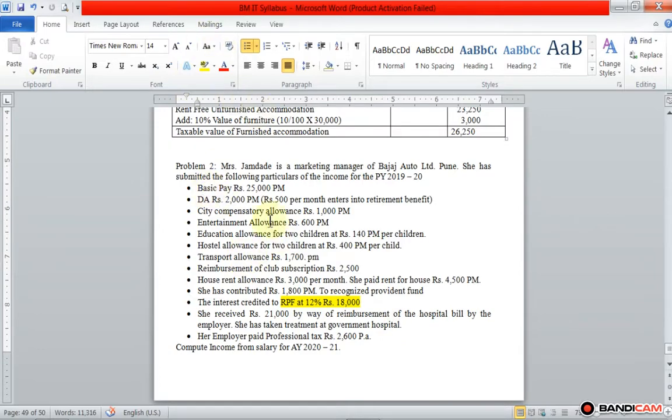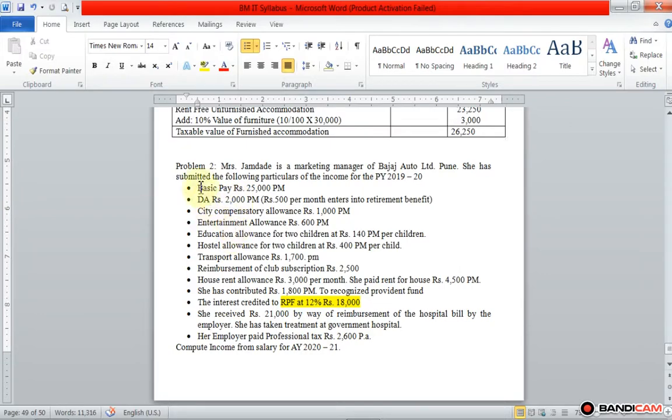Compute income from salary. According to the information provided by Mrs. Jamdade, we have to compute income from salary for assessment year 2020-21.